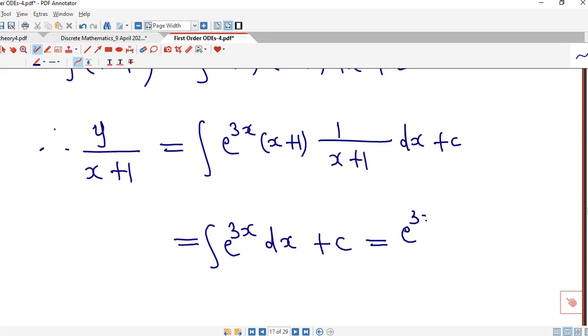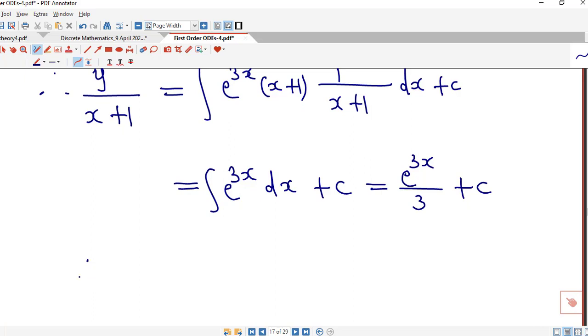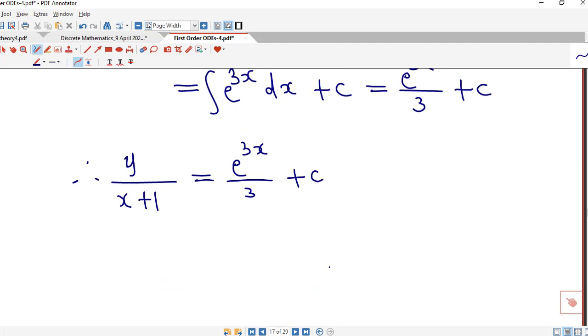Integral of e raised to 3x is e raised to 3x by 3 plus c. Therefore y divided by x plus 1 equal to e raised to 3x divided by 3 plus c. So this is the general solution.